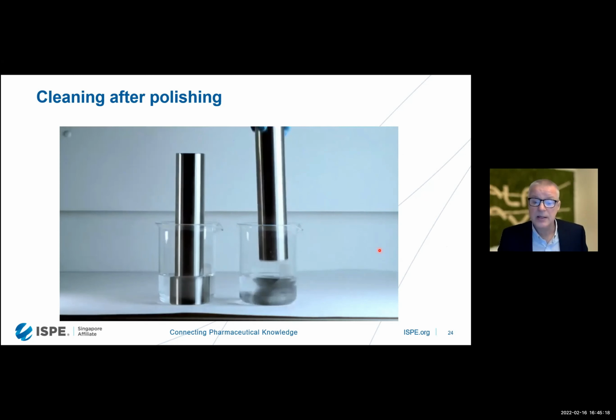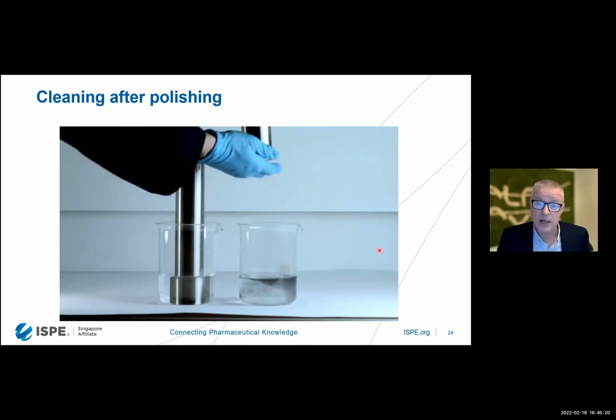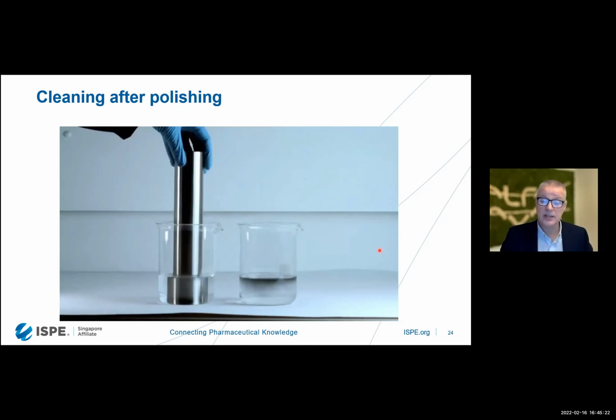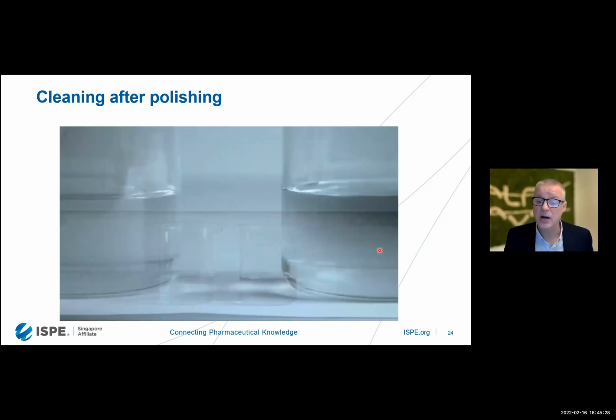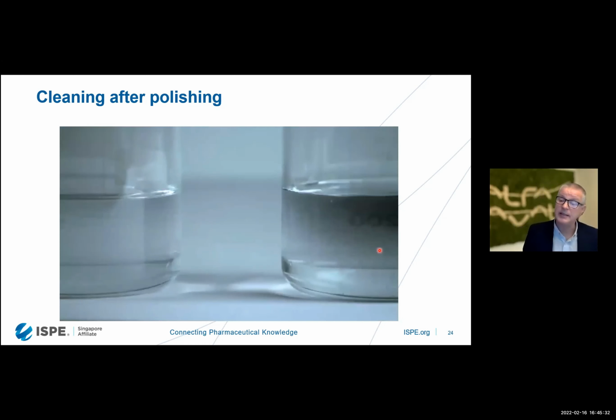Then we took up the tubes and surfaces, and you can see how many residues you have in a surface that is not correctly cleaned after polishing. So be careful with the cleaning. Either go with a mechanically polished surface that is very, very well cleaned, or an electropolished surface, because that will also secure that the surface is cleaned.